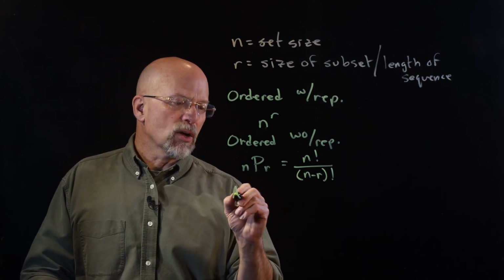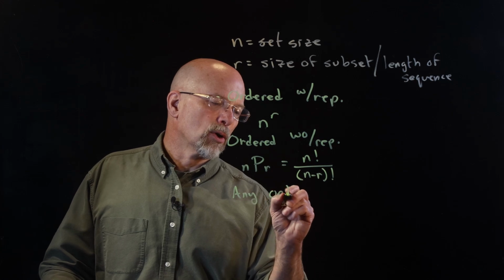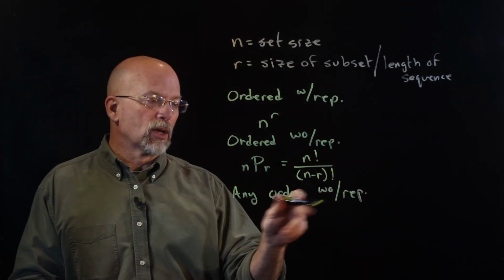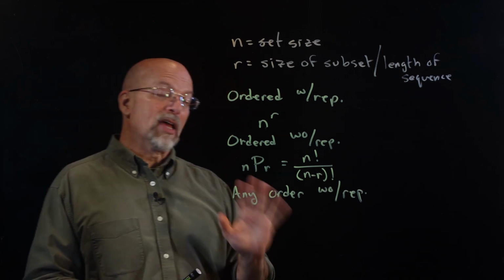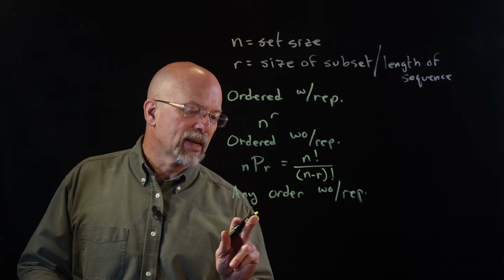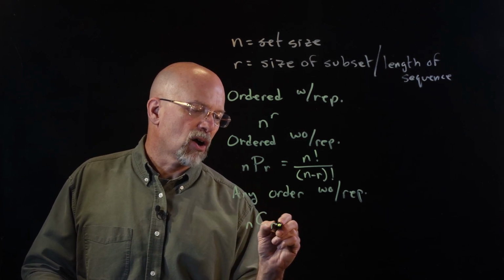Now, any order we started with in the last lesson. So we have any order, but without repetitions. For this one, we're going to do any order with repetitions. Any order without repetition is also referred to as combinations, and you had this expression nCr.